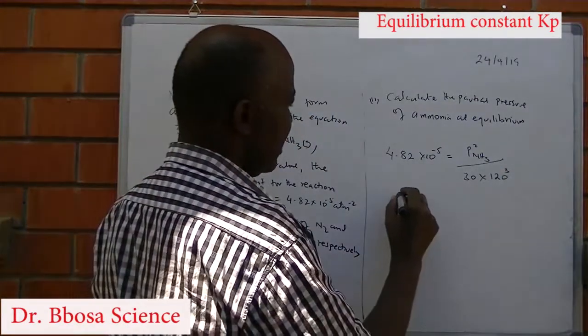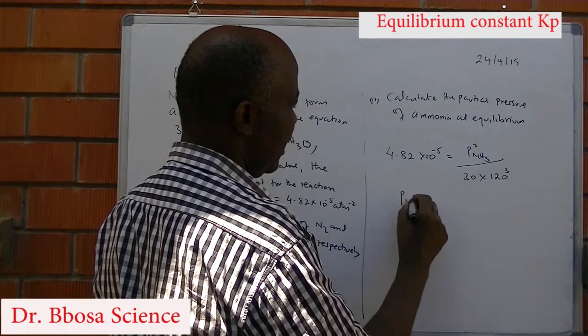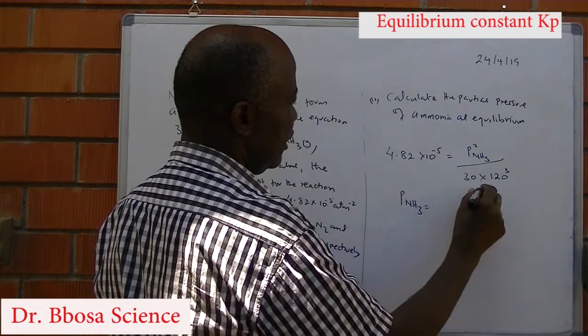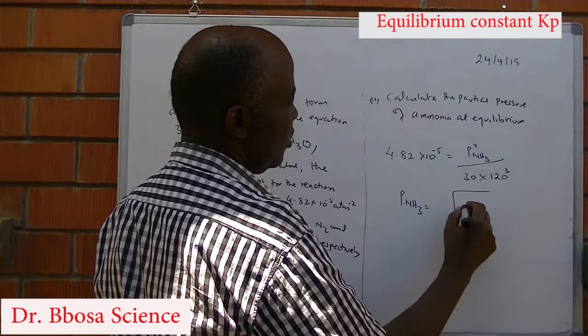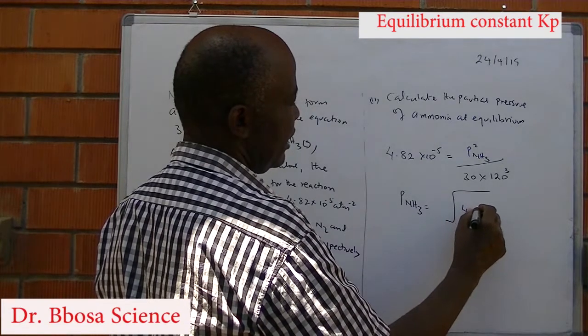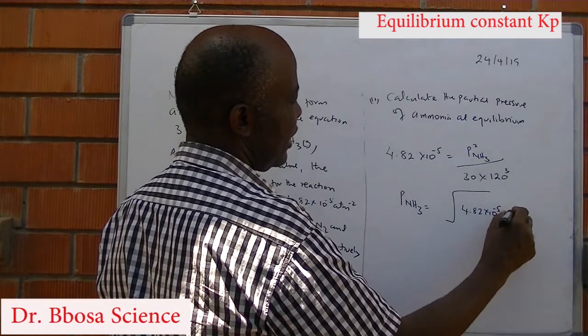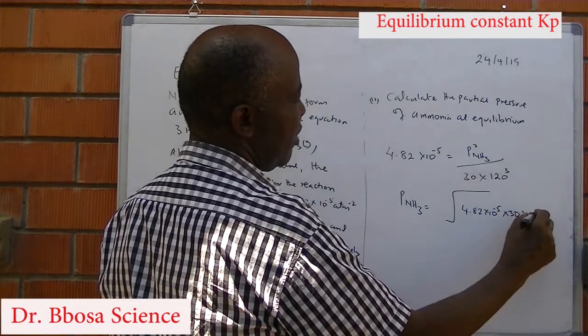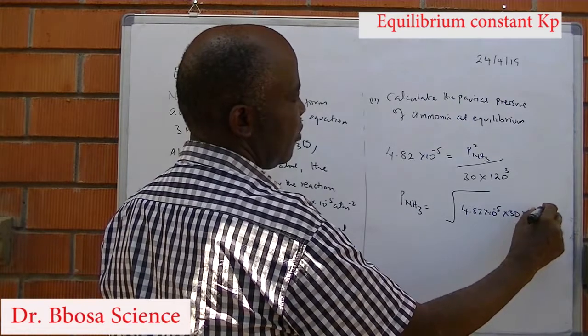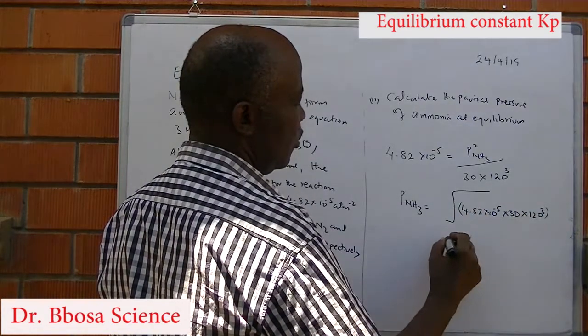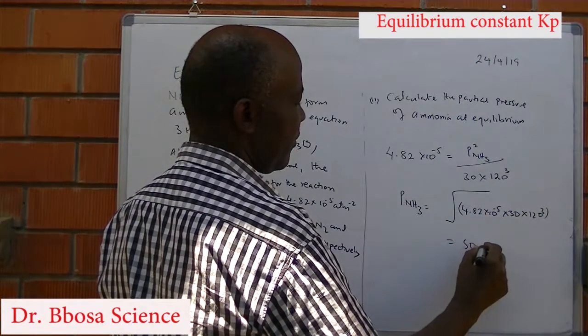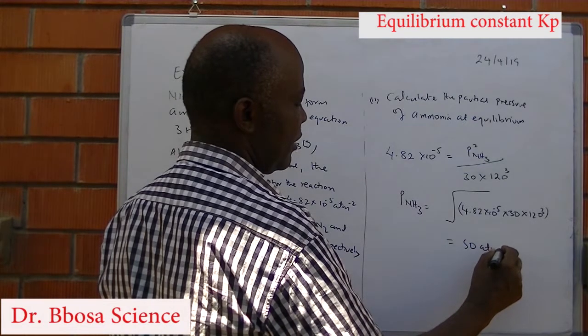It implies that partial pressure of ammonia is equal to the root of 4.82 times 10 to the power negative 5 times 30 times 120 to the power 3, which is equal to 50 atmospheres.